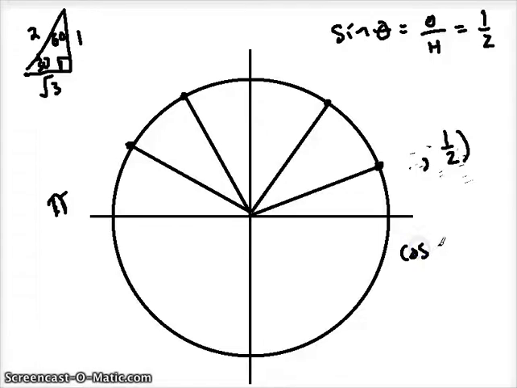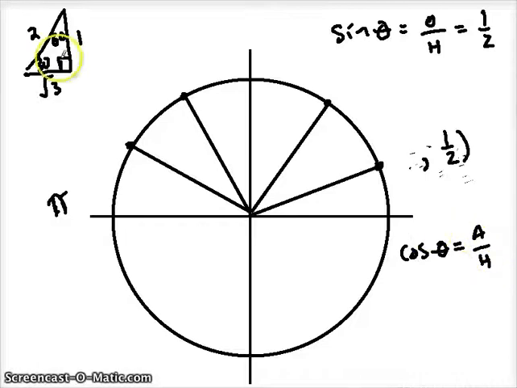And if we talk about the cosine, that would be adjacent over hypotenuse, or x over r. And so the adjacent side of the 30 is now the square root of 3, and the hypotenuse is still 2. So now our x value is the square root of 3 over 2. So really what happened is these got swapped. Now the x value is the square root of 3 over 2, the y value is 1/2.